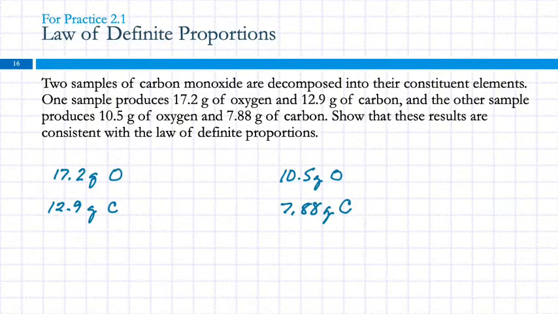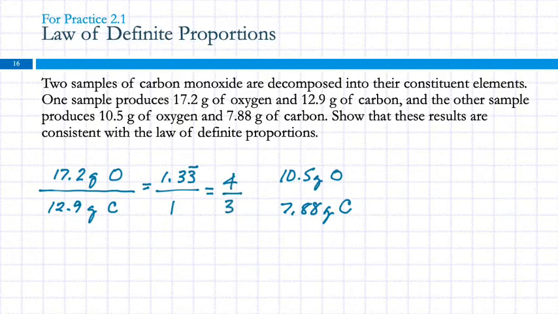Well, it's a little hard to look at these kind of weird numbers and see if they're the same. So let's simplify them. 17.2 divided by 12.9. That gives us, the calculator says 1.33 repeating over 1, or that would be 4/3, right? The ratio 4:3.